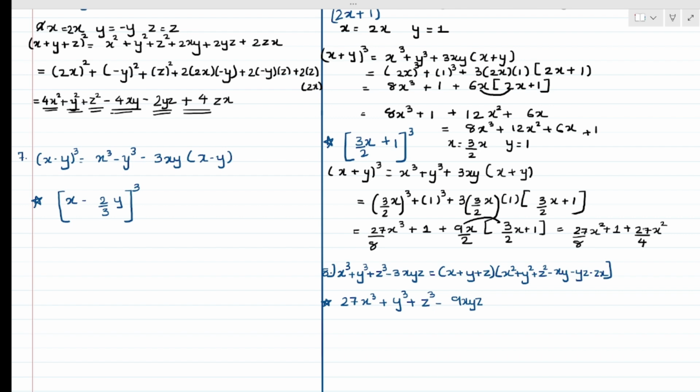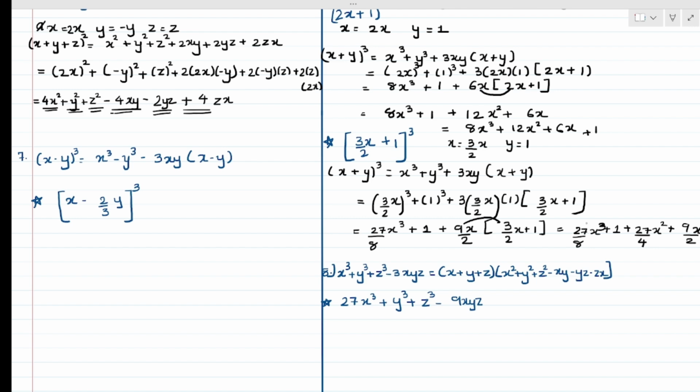So your next term is 27 by 4x square plus 9x by 2 times 1 gives me 9x by 2. So you can arrange this in degrees format as well as you can arrange them as it is.